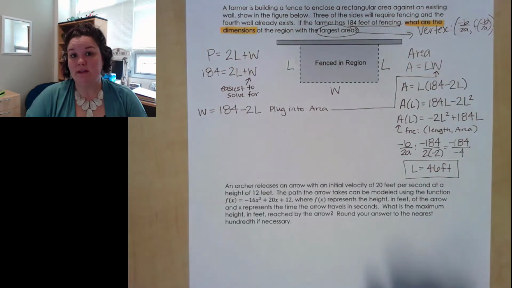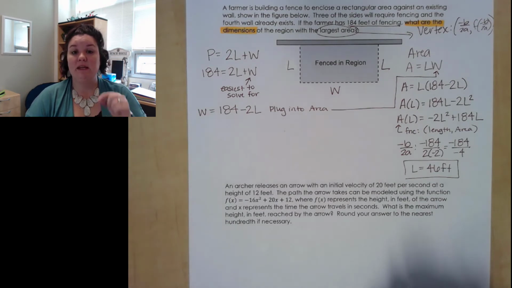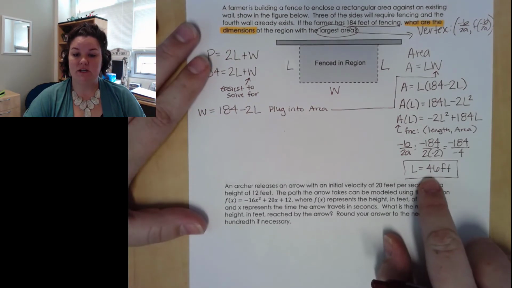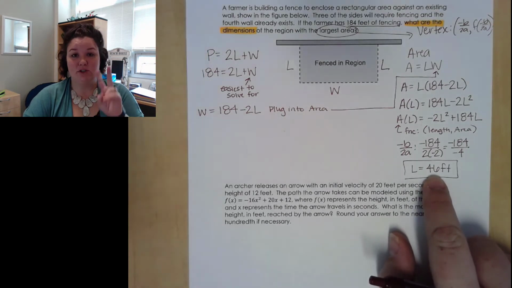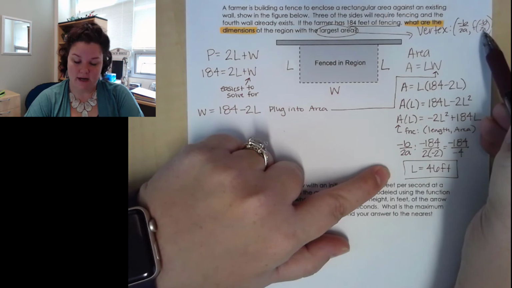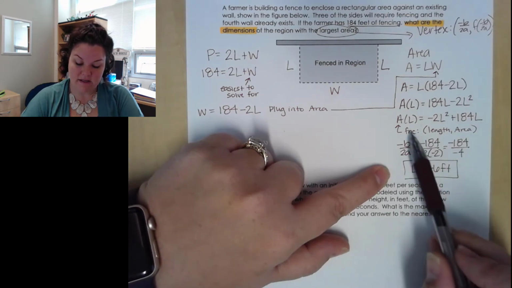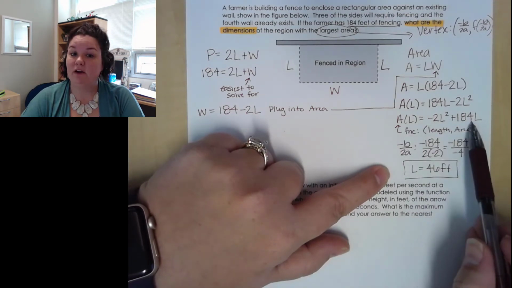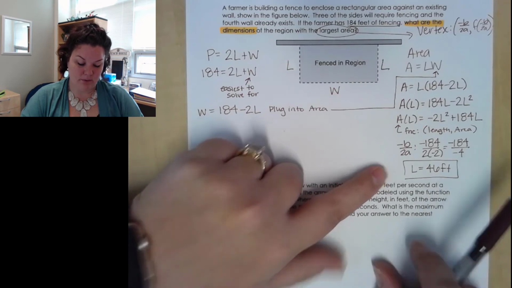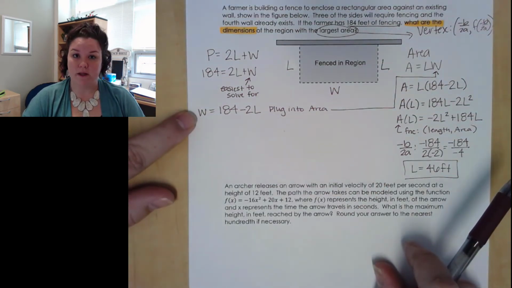Now, what I do with that 46 is dependent on what they're asking for. Okay. So we know that the length dimension is 46 feet. And I can do two things with it. One, I could plug this 46 back into my area formula and figure out what that maximum largest area is. Or I could take that 46 and plug it back in over here to figure out my width.